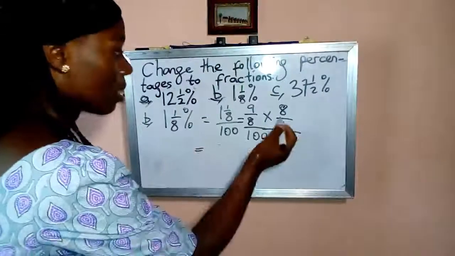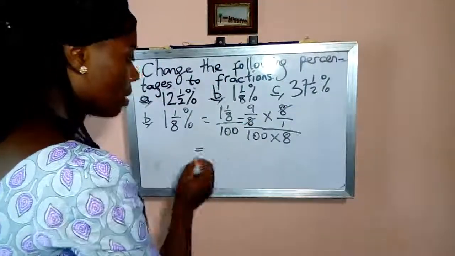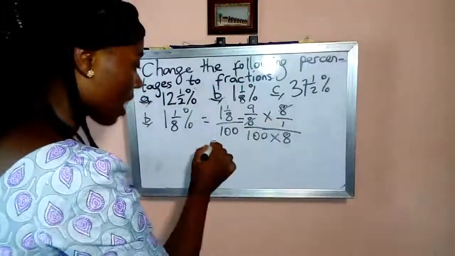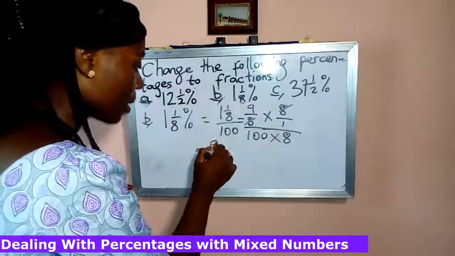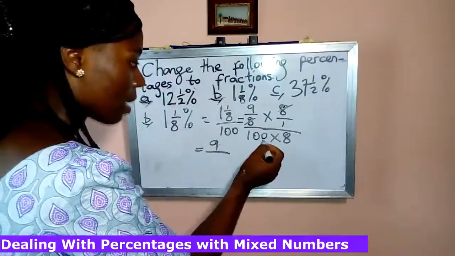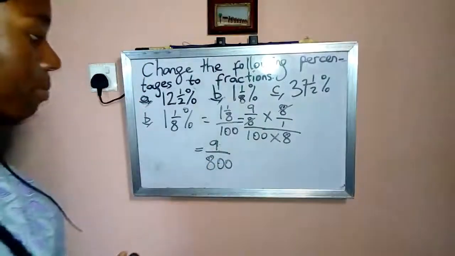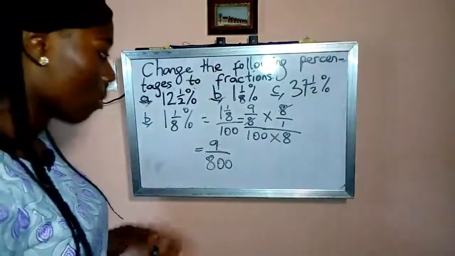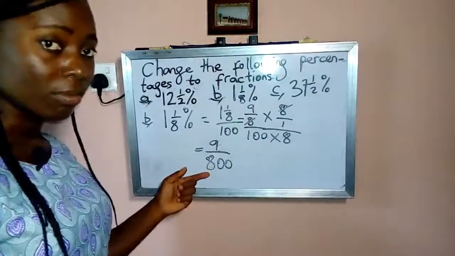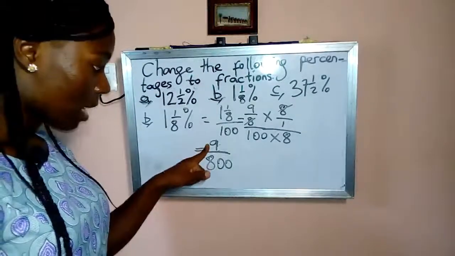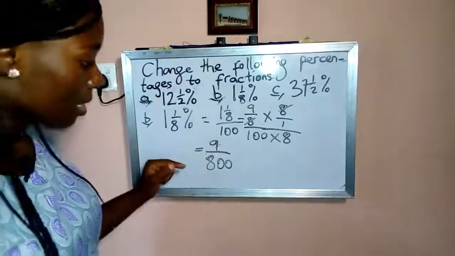So that will give me, 8 will cancel out 8. So I have 9 times 1, which will give us 9 over 8 times 100, which is 800. Can any number go into these two without a remainder? 3 can go into 9. 3 times 3 will give us 9.